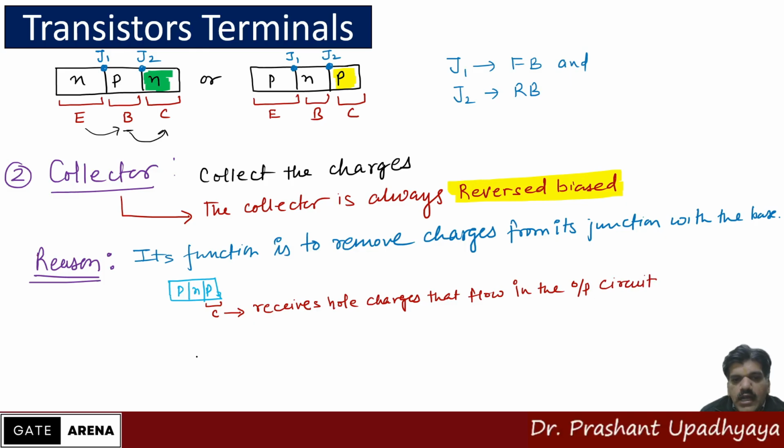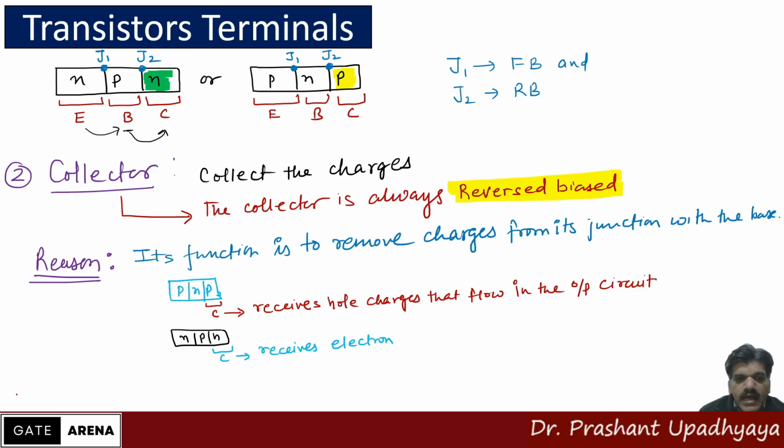Whereas when we are talking about the NPN transistor, this is the collector C, the N type. The NPN transistor has a reverse bias, and it will receive electrons that flow in the output circuit. I hope it is clear what the collector is doing. It is collecting the charges, whether holes or electrons.